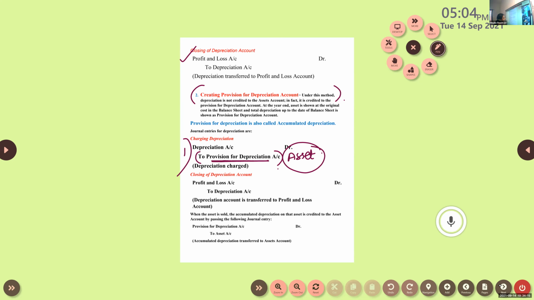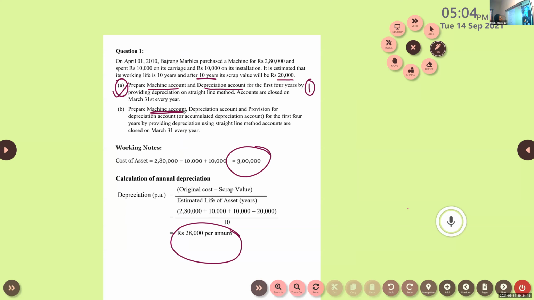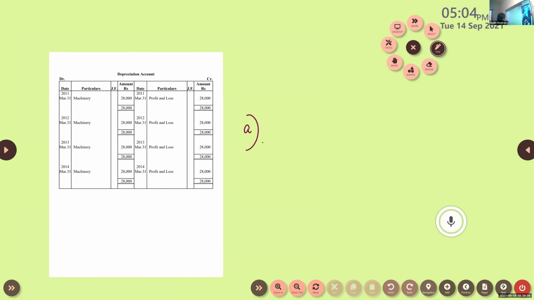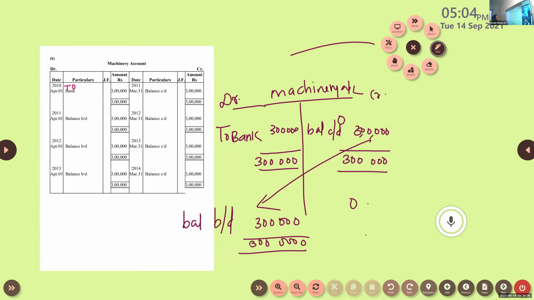But in the question, they have asked to prepare the machinery account, depreciation account, also provision for depreciation account. They have asked us to prepare all these three accounts. So according to sub question B, we don't have anything to do in the machinery.